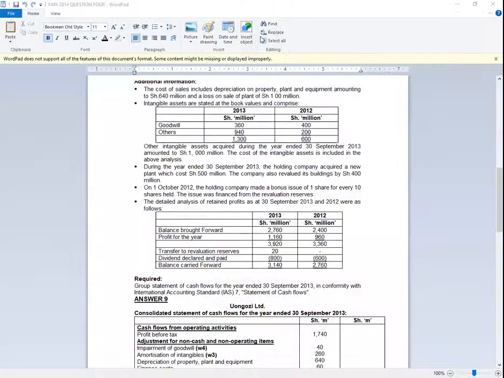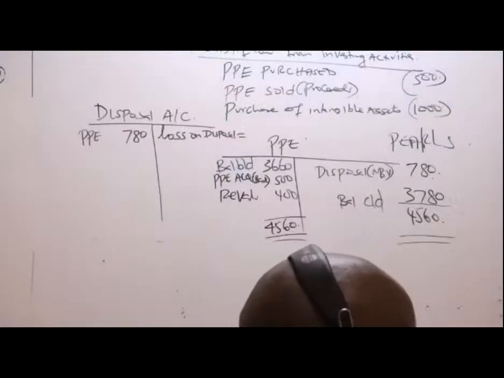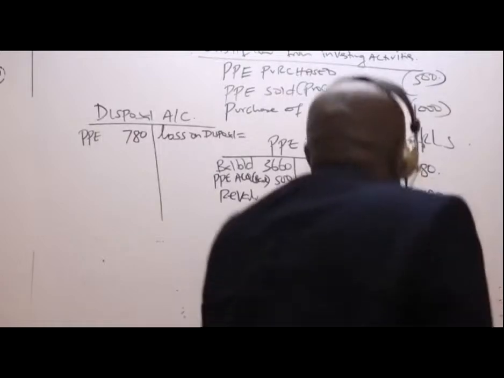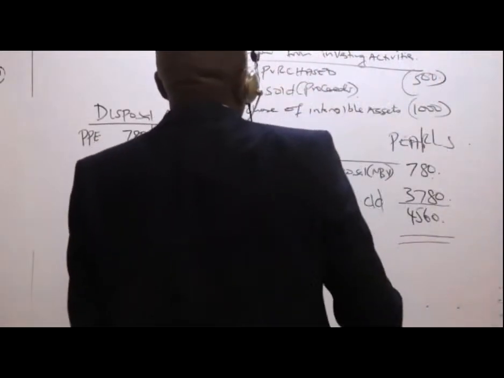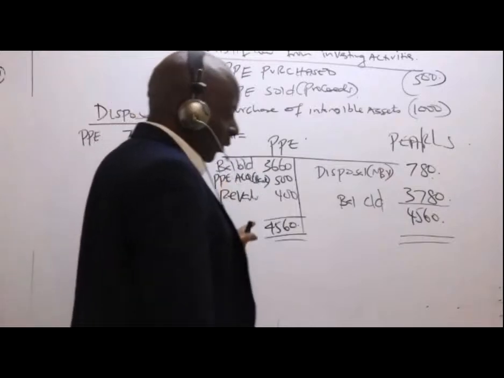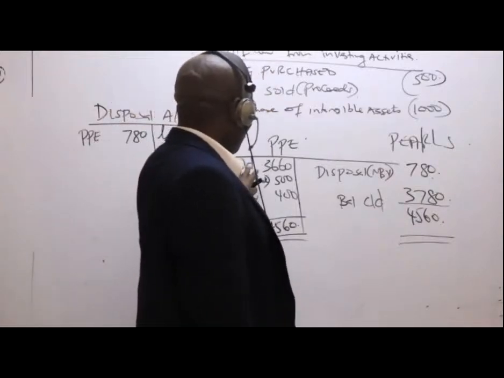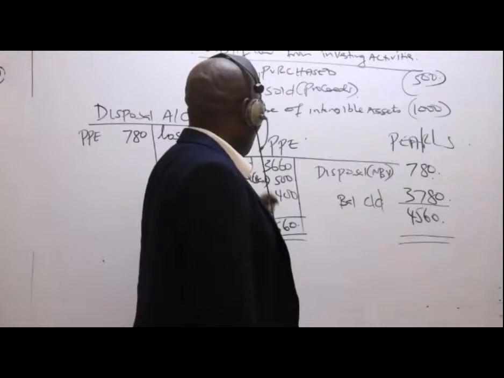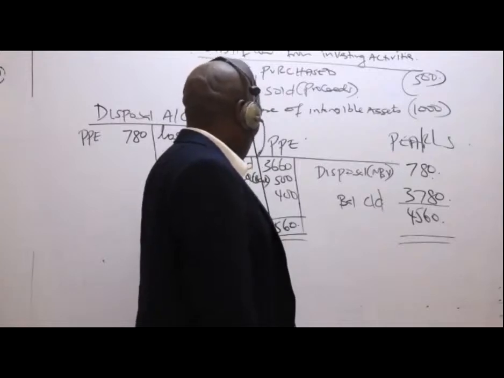I've done quite a lot of talking without really recording. I forgot to return back to recording. What basically we're doing here is this property, plant and equipment account. So we have the balances, we have what plant was acquired, we revalued upwards 400.